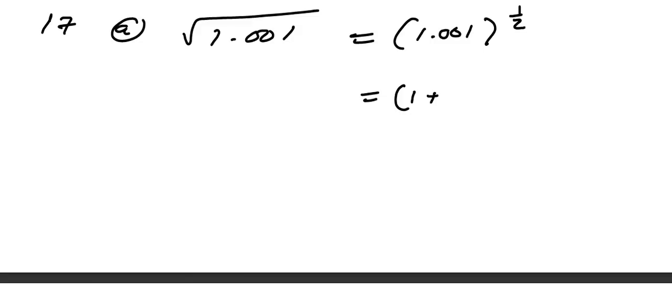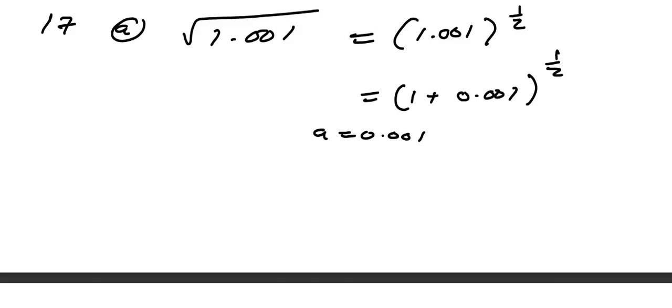We can just write 1 plus 0.001, we just need to have a 1 in front. Why am I insisting on us having a 1? Because the power that we have is a fraction, and we can only expand if we have a 1 in front, using the previous formula. The only difference here is that where there is a, you're going to put 0.001.